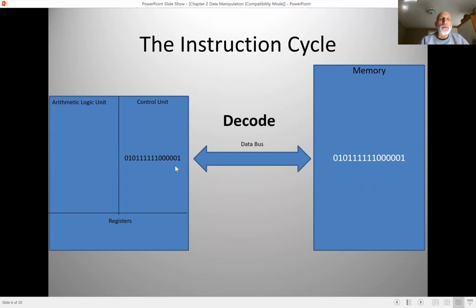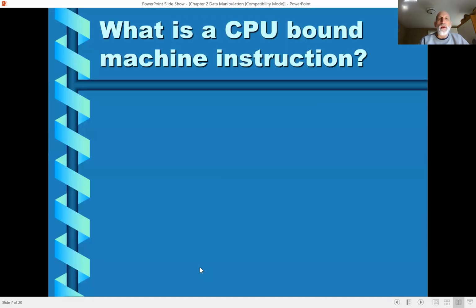The control unit says, oh, that instruction should head over to the arithmetic logic unit. And then in the arithmetic logic unit, circuits execute that instruction. That instruction might send some data over to a register temporarily or whatever.